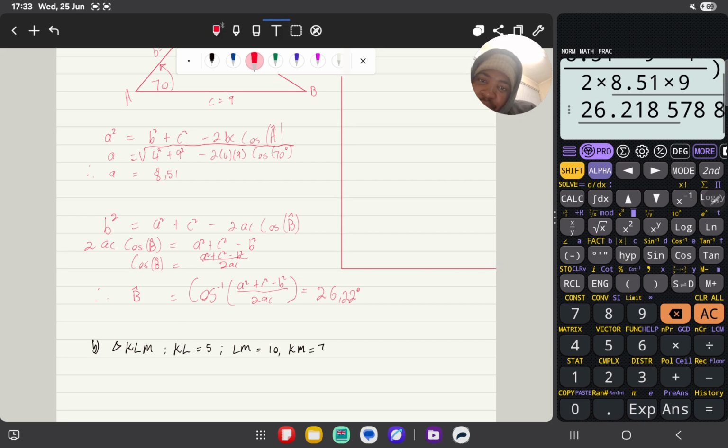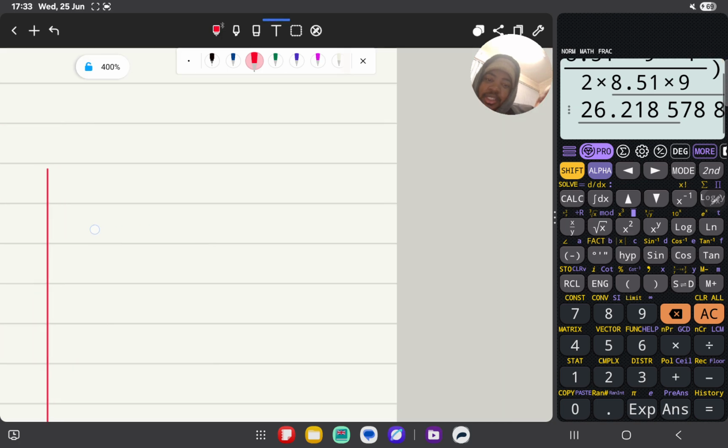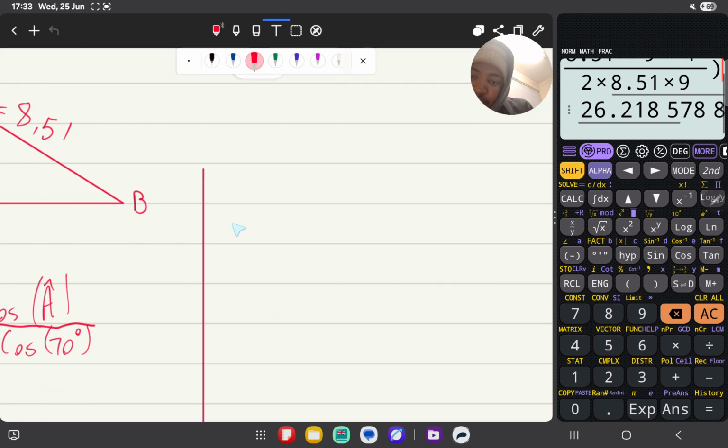We have angle B, we have angle A. Now finding angle C, we will just say angle C equals 180 degrees minus angle A minus angle B, right?